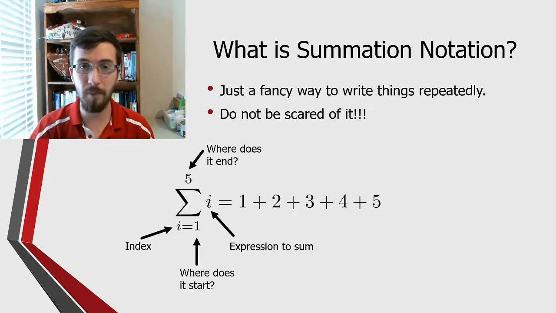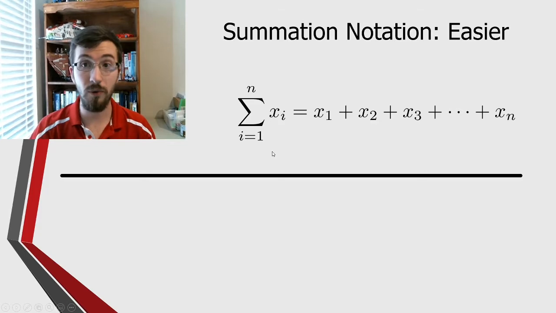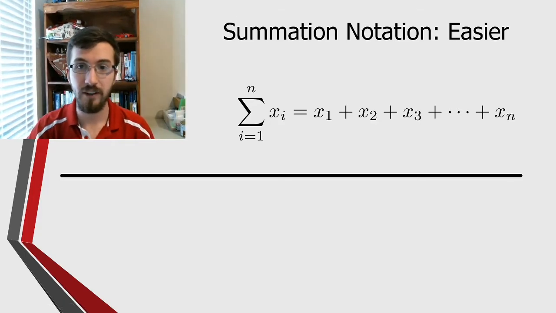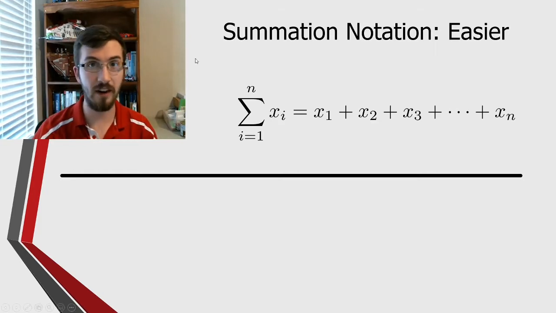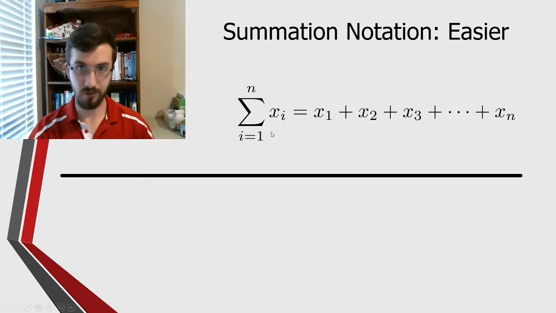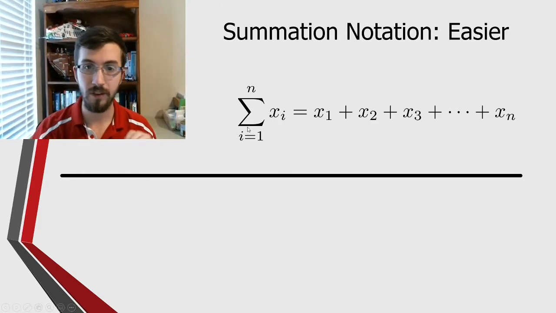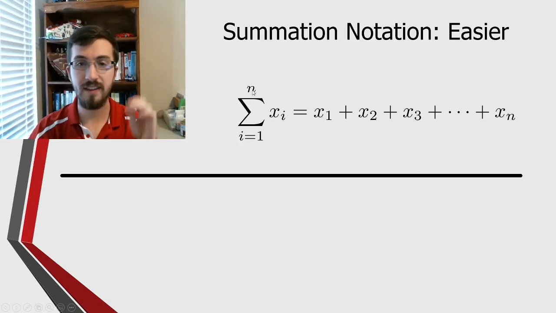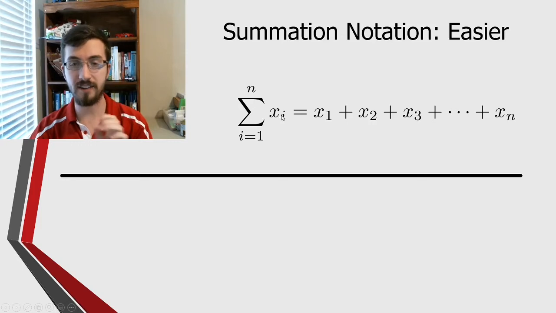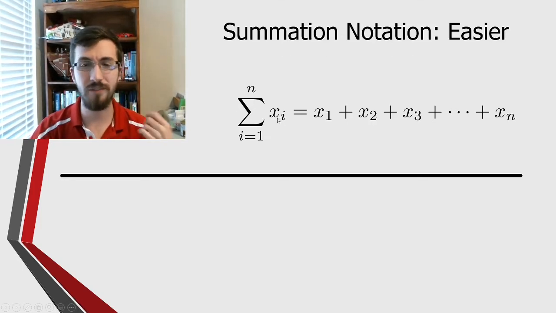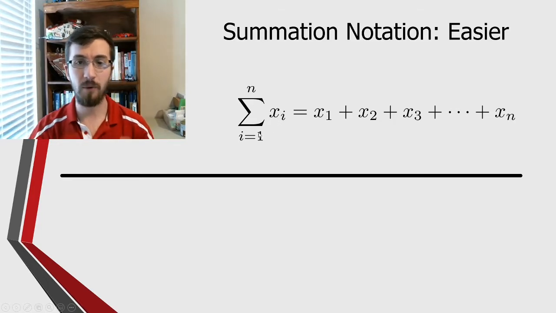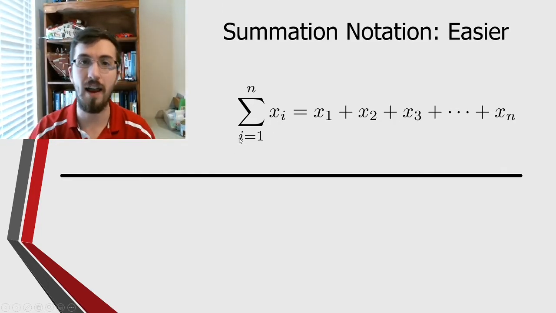So let's look at a couple examples. The first example here, we're going to start out a little easier and build our way up. It looks scary, but again, just think through it. It's going to be okay. So we say the sum as i goes from 1 to n of x sub i. These are just like different variables that we might have, and we're indexing them with this i.